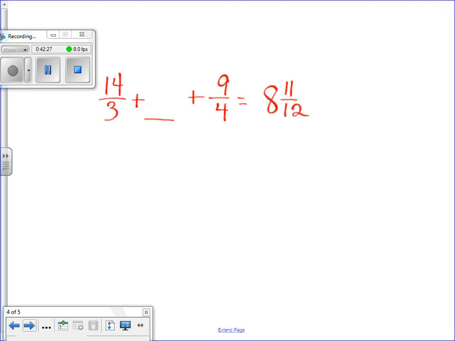If they're adding over here, I need to be subtracting over here. So I leave my blank. So 8 and 11/12 minus, because it's adding over here, so now it's subtracting over here. Minus 9/4.